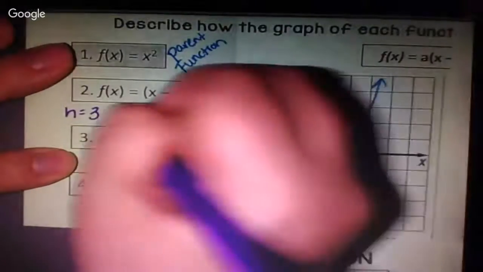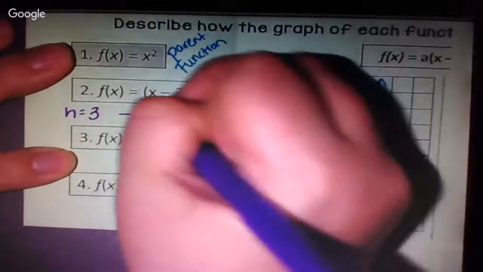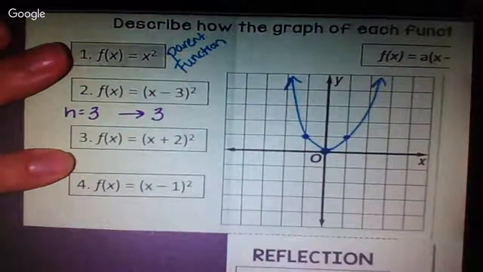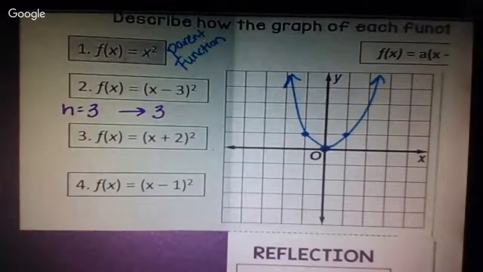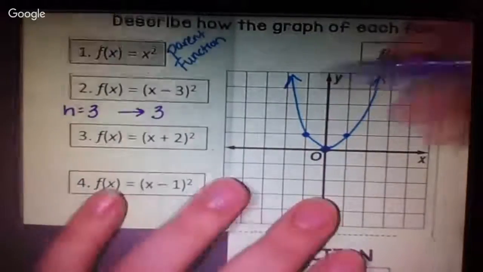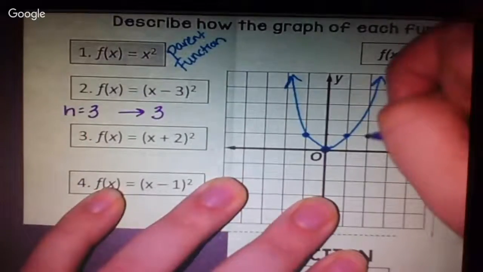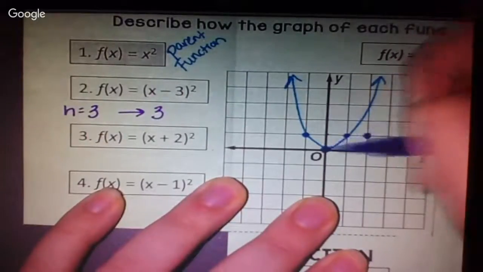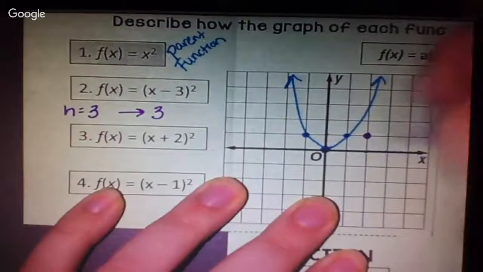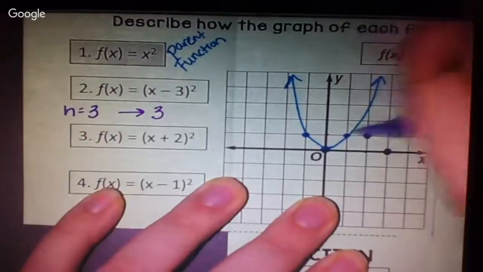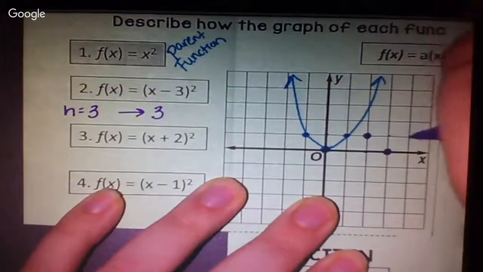To the right by 3. Okay, to the right by 3. So each one of your points now is going to shift to the right by 3. So this one goes 1, 2, 3. This one goes 1, 2, 3. And this one goes 1, 2, 3.